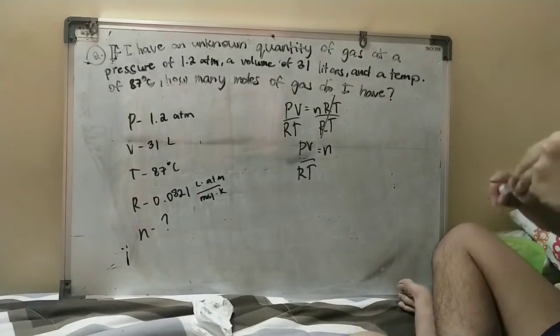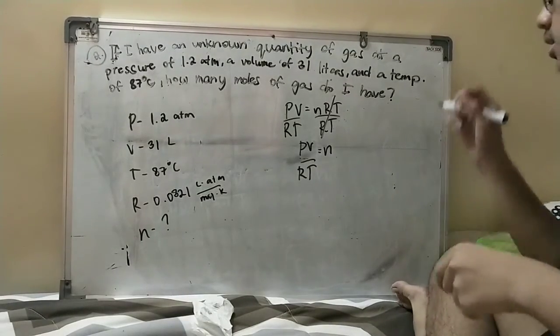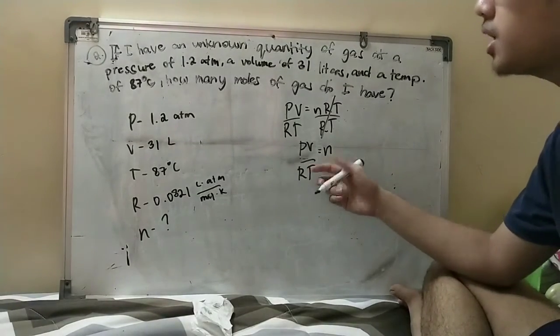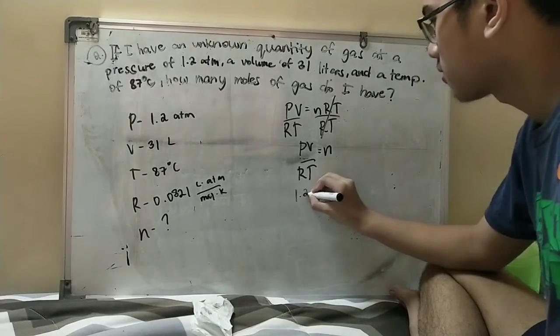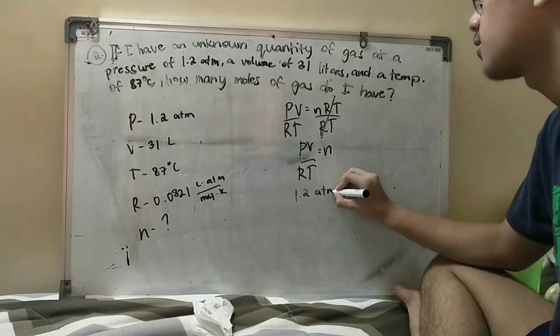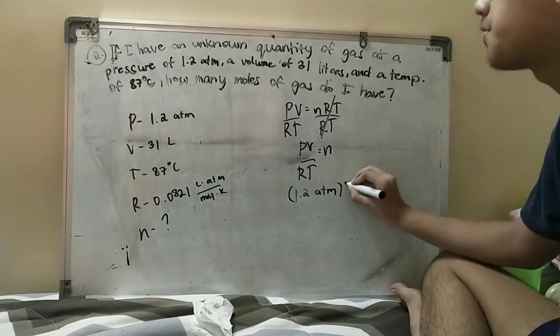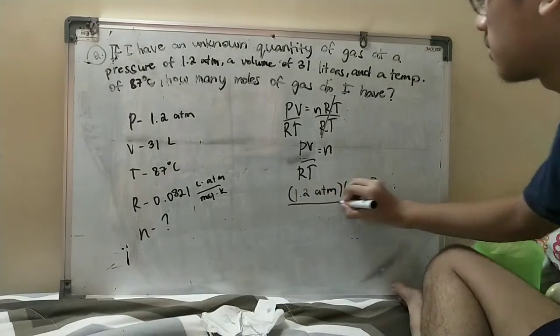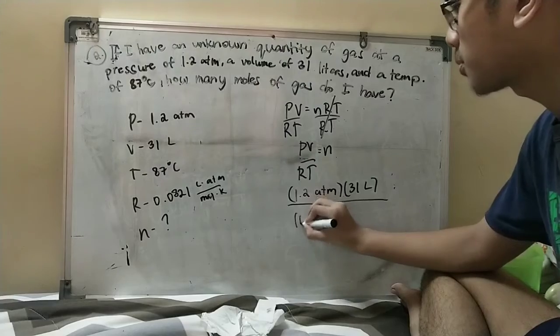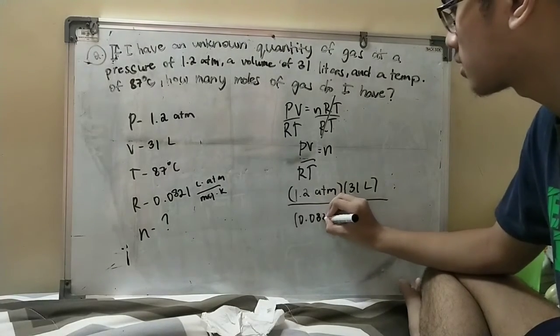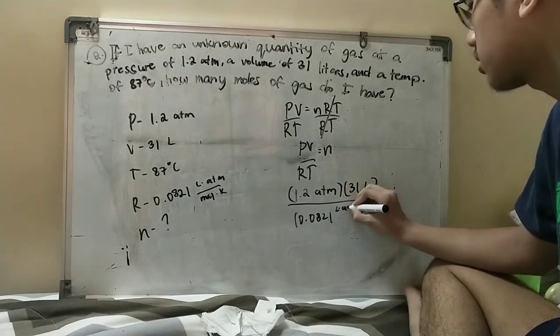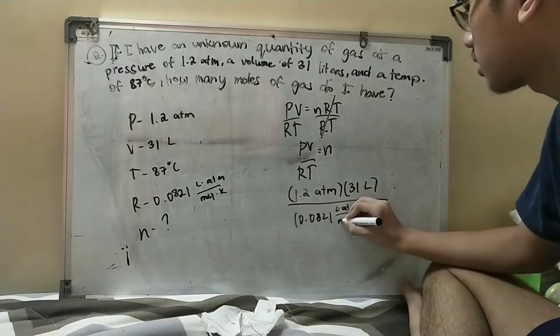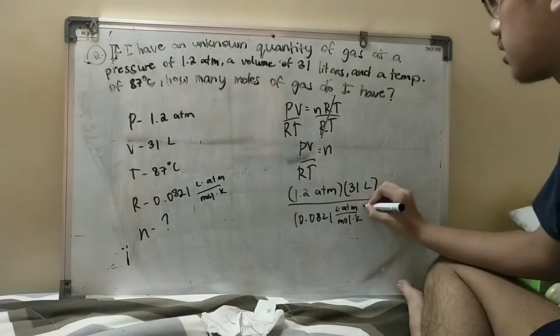Now, we need to replace the values in this derived formula. So our P is 1.2 atmosphere. Our V is 31 liters. Our R is 0.0821 liters times atmosphere over moles times Kelvin.